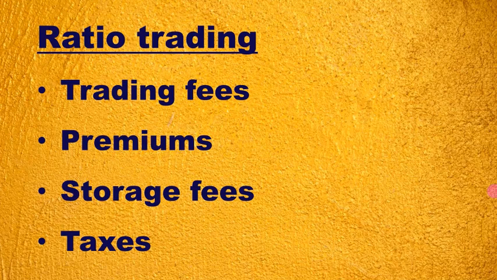And so these all eat into profits. So if you're going to be doing this, you've got to take these into account and try and minimize them. Now, obviously, if you live in, for example, a jurisdiction where there is no capital gains tax for gold or silver, then you're going to be at a much greater advantage compared to someone who's taxed, say, 30% on their gains.